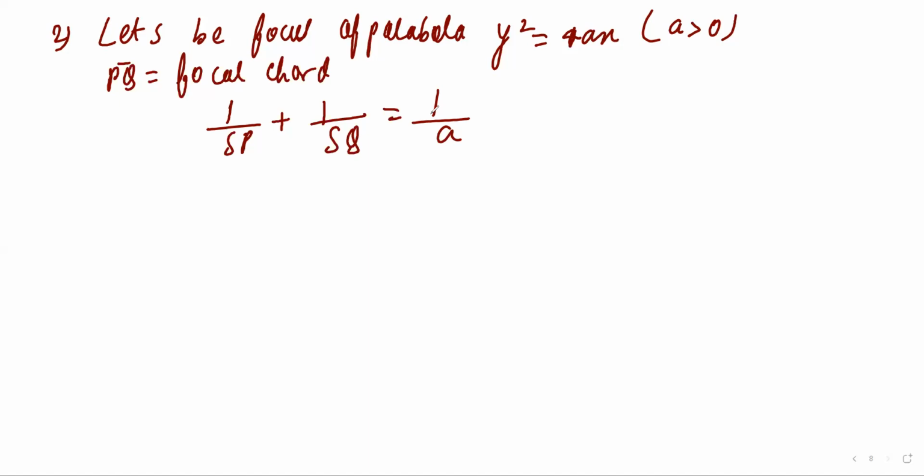So let the points P and Q be the ends of the focal chord. Then the coordinates of the focus are a comma 0. Right. So coordinates of P and Q: P is the point T1 and Q is the point T2.